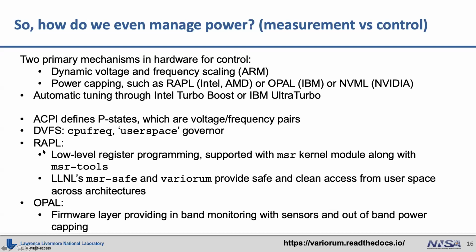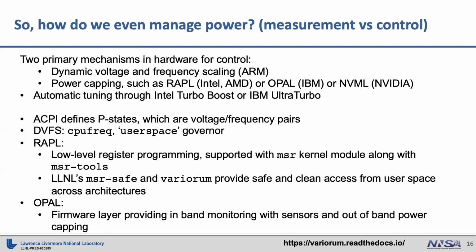RAPL, on the other hand, sets a power cap using a power window and a time window, and it does so by programming machine-specific registers. So this is what Intel and AMD use. And OPAL provides a sensor-based mechanism for power monitoring and an out-of-band mechanism through their BMC for power capping.